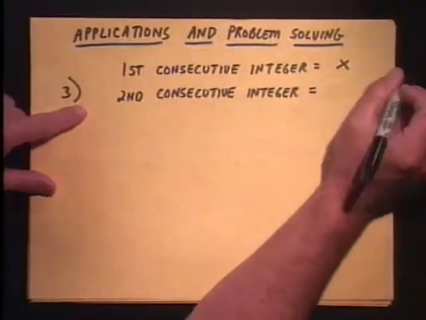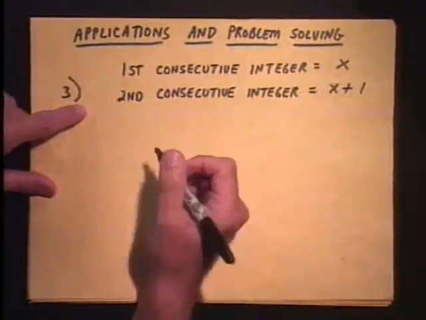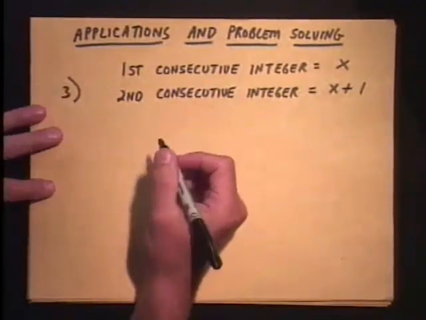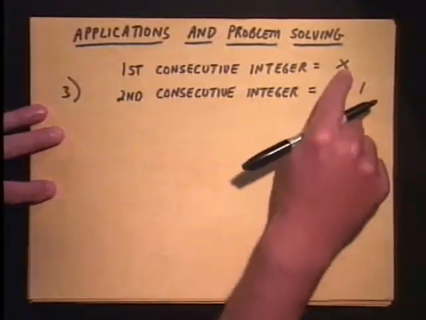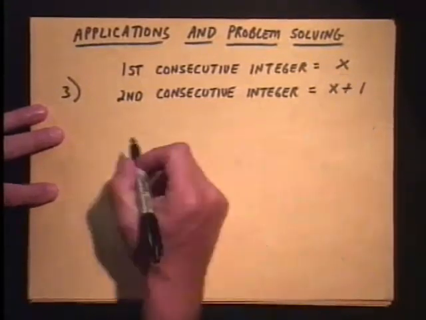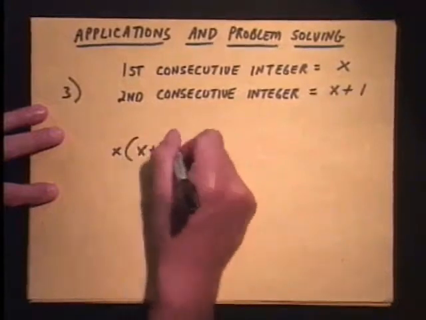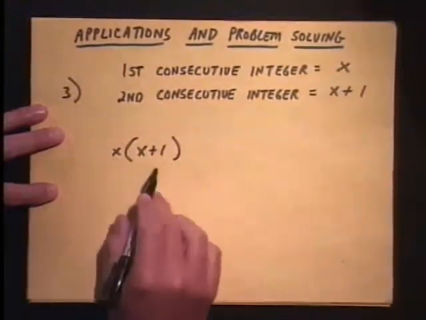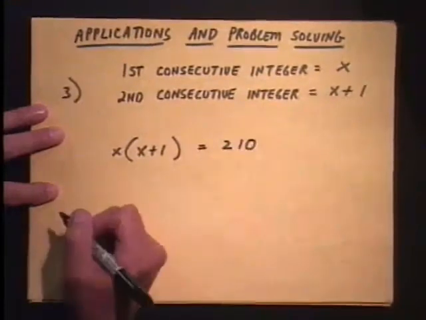And the next number, if the first one is x, would be x plus 1. The problem stated the product of 2 consecutive integers. The key word product means multiply, so take the first integer x times the second consecutive integer, and that product equals 210.